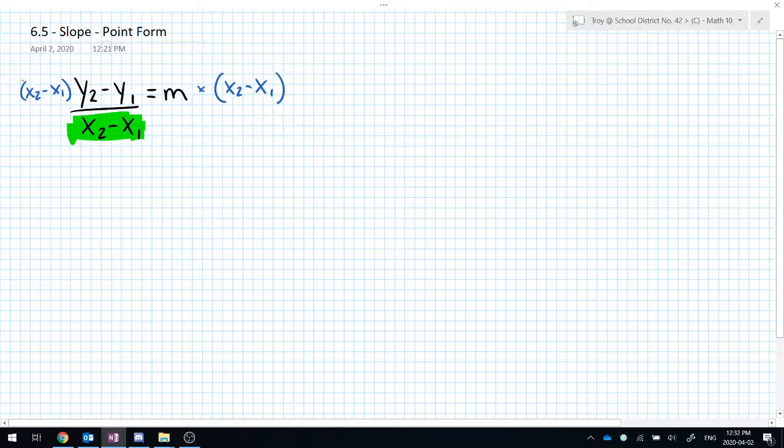When I do that, these two cancel out on the left, and I'm left with y2 minus y1 on the left, and on the right I get m times x2 minus x1.